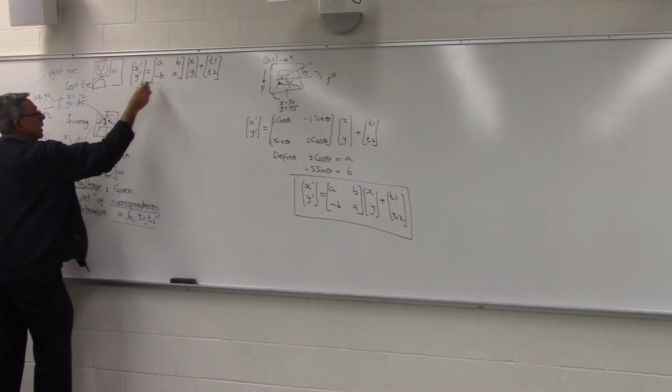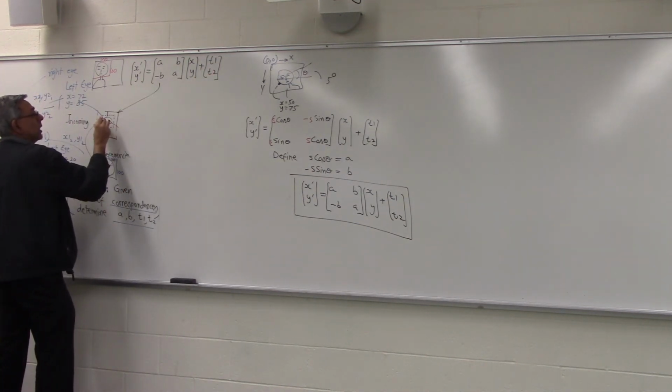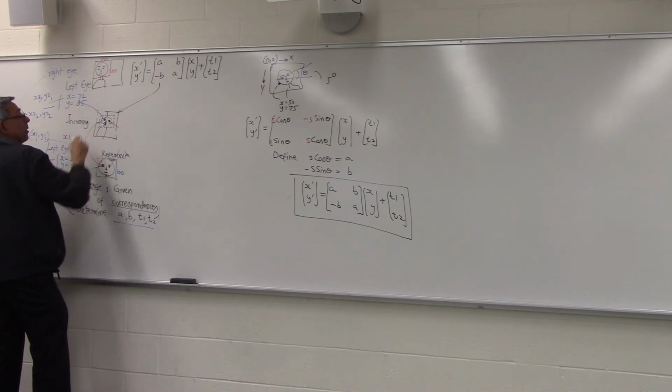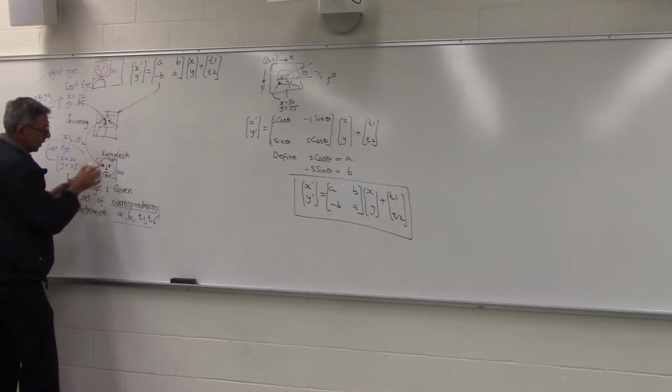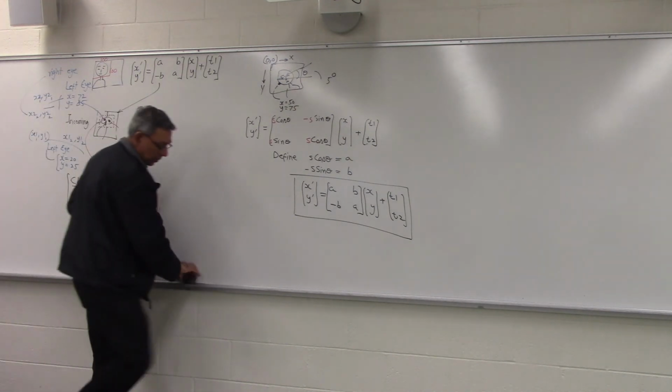So that if we know A, B, we'll apply it to this to make this image look like this, then we'll cut out same as the reference.